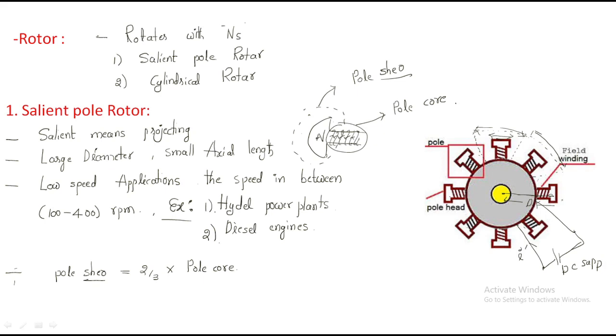Whenever the windings are formed, we will get some poles: north pole, south pole, north pole, south pole, north pole, south pole. An even number of poles will be formed. By using this flux, we will generate the EMF in the armature.